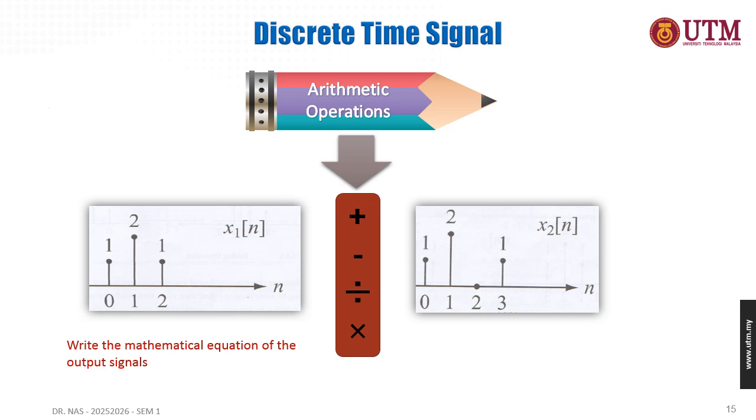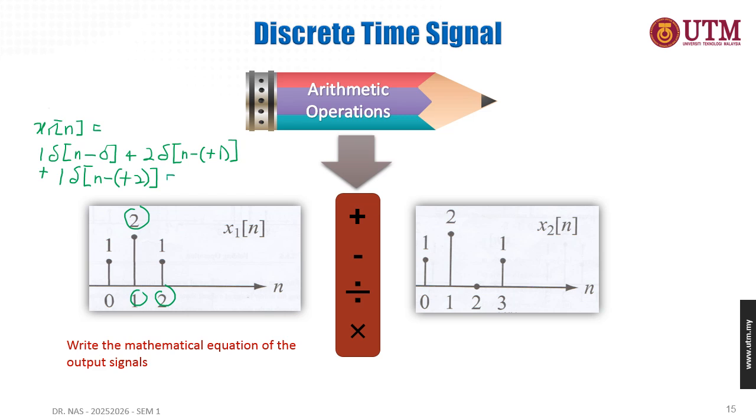So let's try to write down the equation for x1[n] and x2[n]. x1[n] is equal to the amplitude 1 δ[n − 0], plus the second one here, 2δ[n − 1], where the position is positive 1, plus the amplitude 1 δ[n − 2], where the position is positive 2.